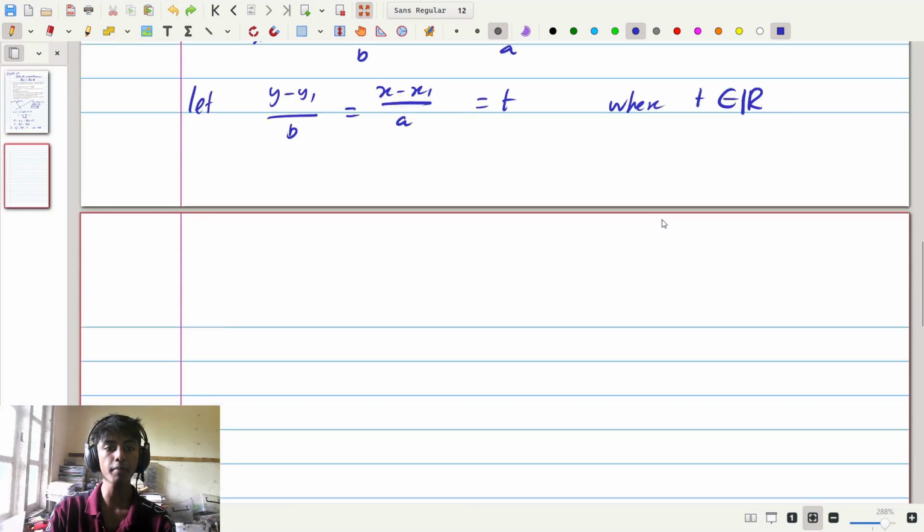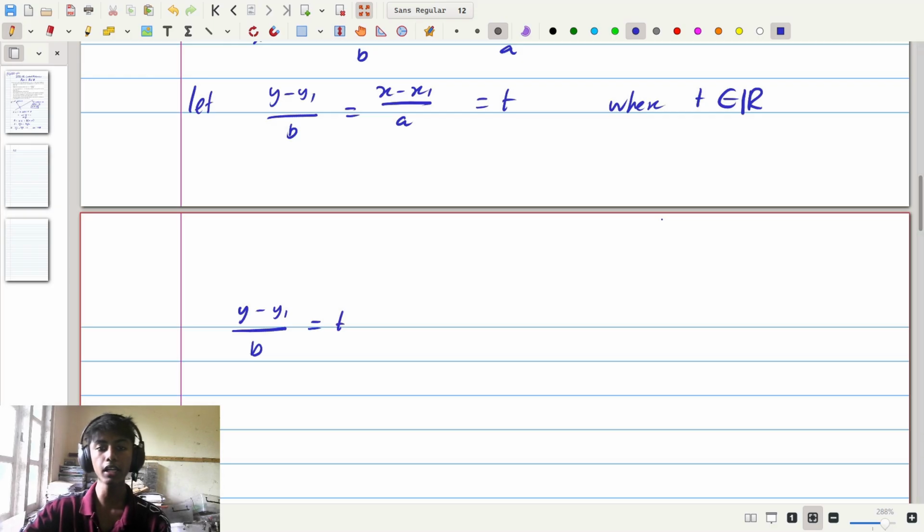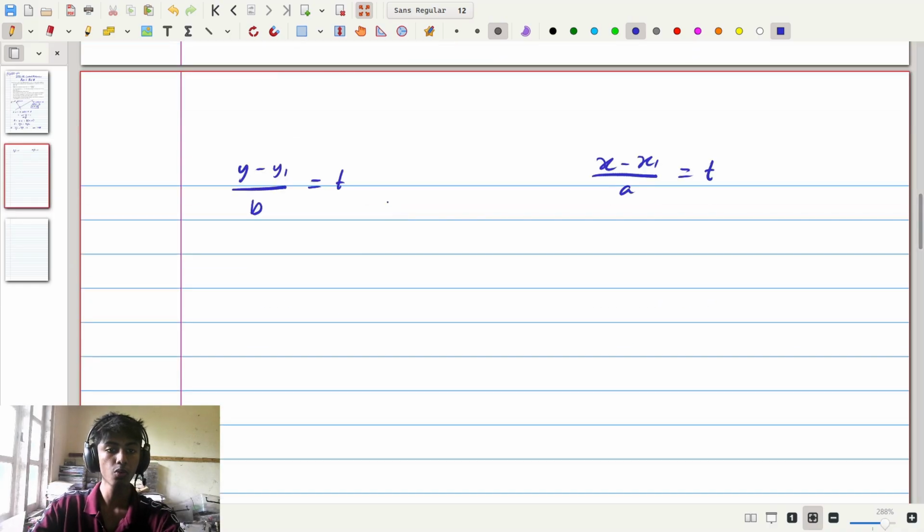So if we take them separately, we can see from the y's we get y minus y1 divided by b equals t, and similarly from the x components we get x minus x1 divided by a equals t. Now, rearranging and simplifying this down, we can see from this one we can get y minus y1 equal bt, and here we can get x minus x1 equal at.